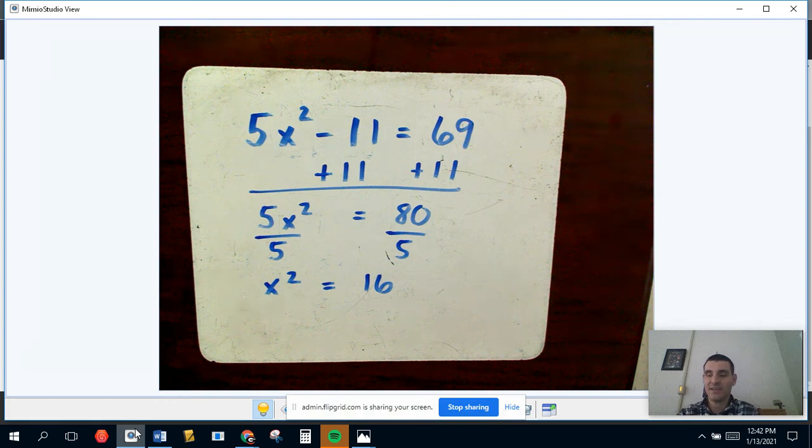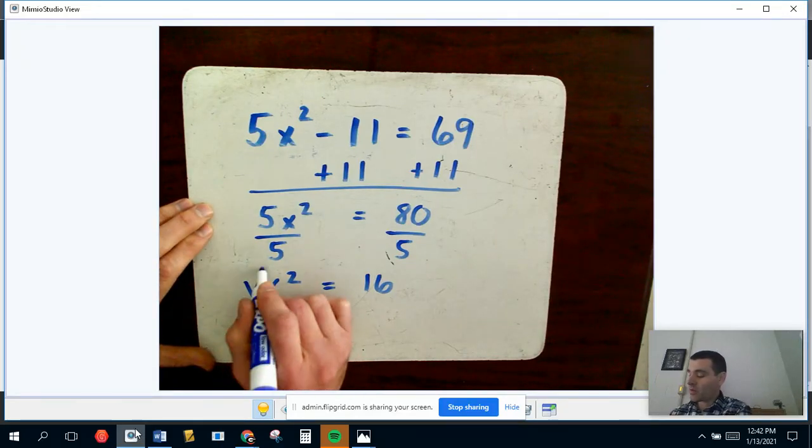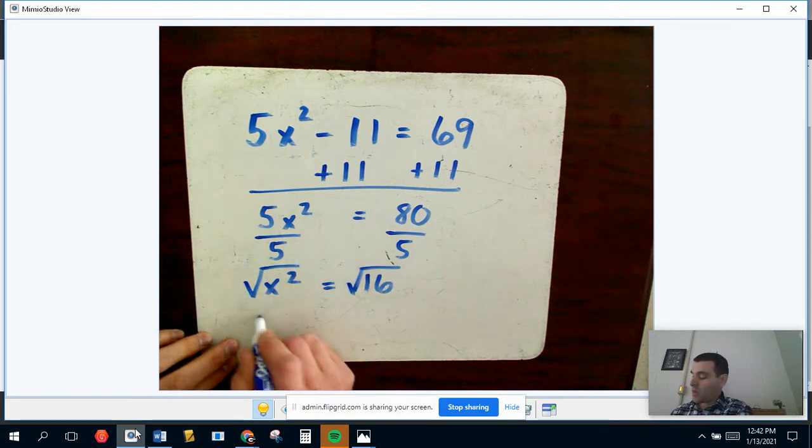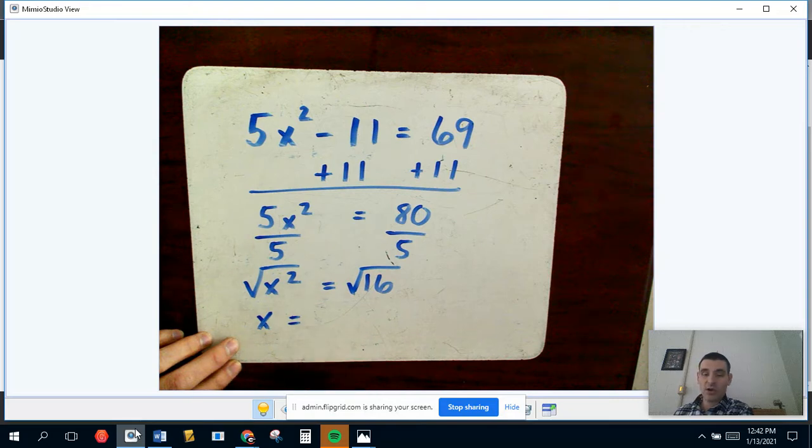X squared equals 16. We're interested in solving for x, not x squared. So how do you get rid of a square? We do the inverse operation, which would be to take the square root. The square root of 16 is 4.